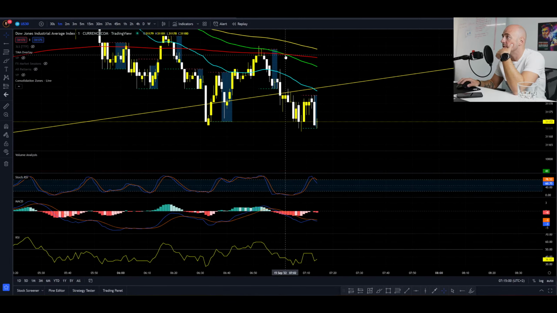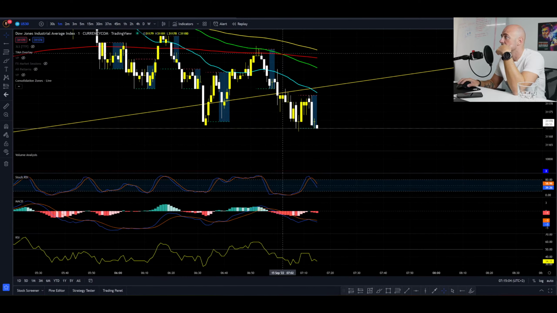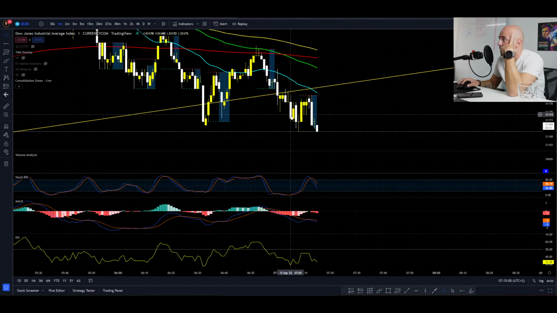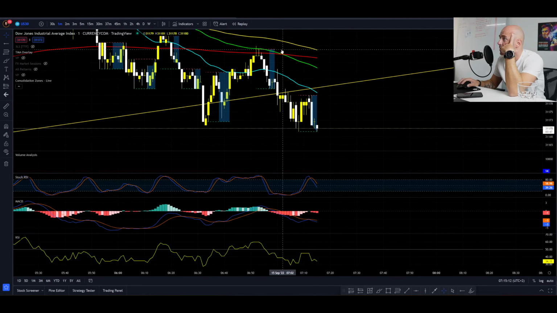Also, if you remember what I said about moving average crossovers, that when moving averages cross each other, right afterwards there's usually a pull up. So we've had the pull up and a reject down.